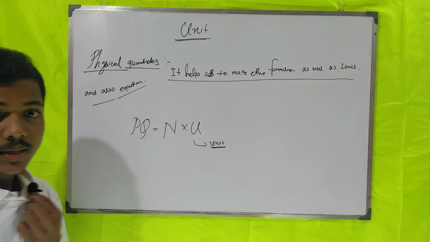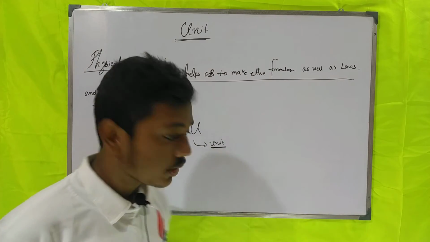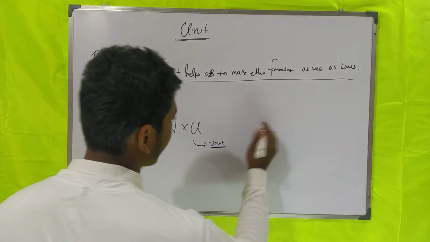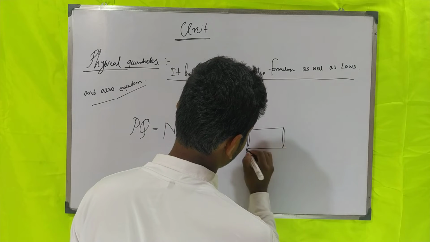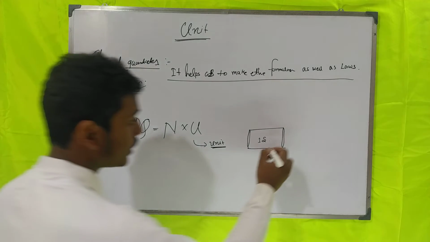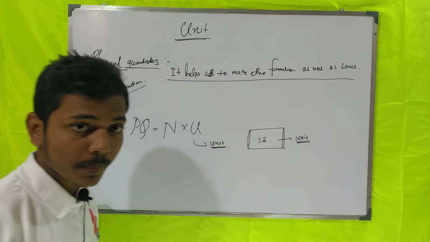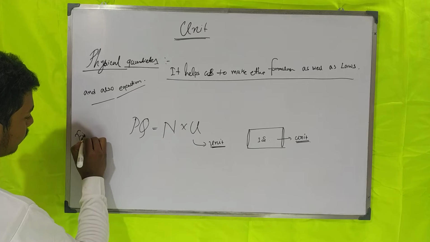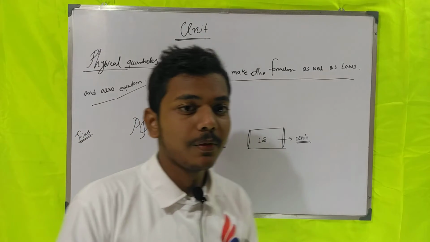A unit is a standard term. You take a standard term and measure all things according to this term. Suppose I have a cylinder, and suppose it is a unit. Now I will find the mass of an elephant.